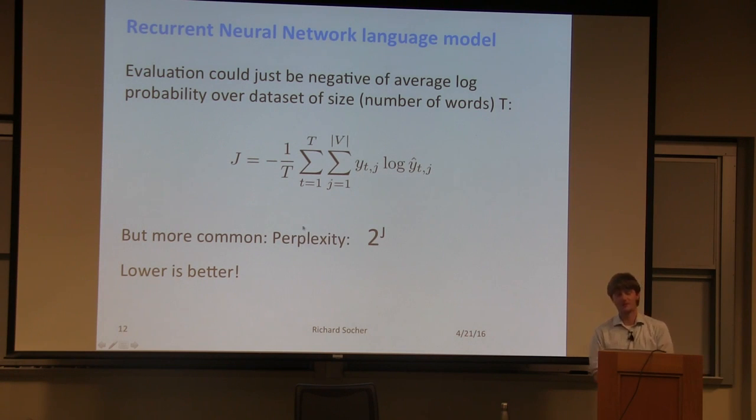And then, to get to the main number that you'll see in a lot of papers, instead of taking this as the final evaluation, we just take 2 to the power of the negation of this average log probability over the whole data set. So intuitively, the less perplexed you are, the better the model is. The less the model is surprised to see a specific word coming up next. And you want to basically assign most of the probability mass to the actual word that appears next.